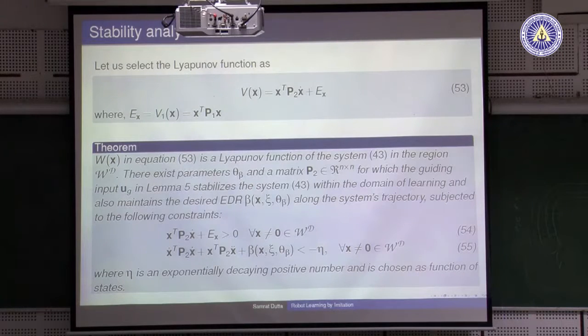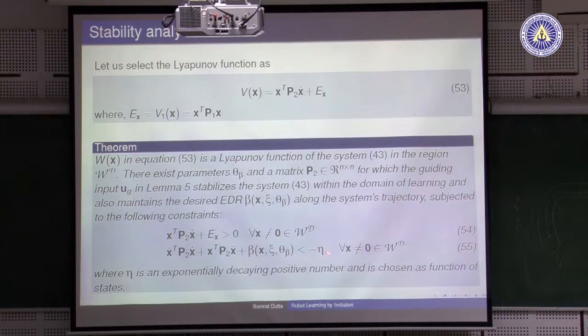So, we use this and propose this theorem: we define our Lyapunov function with this term, where we take the energy as V1 and another term, x transpose P2 x dot, as the second term, right. Here Ex is V1 and this is V2.